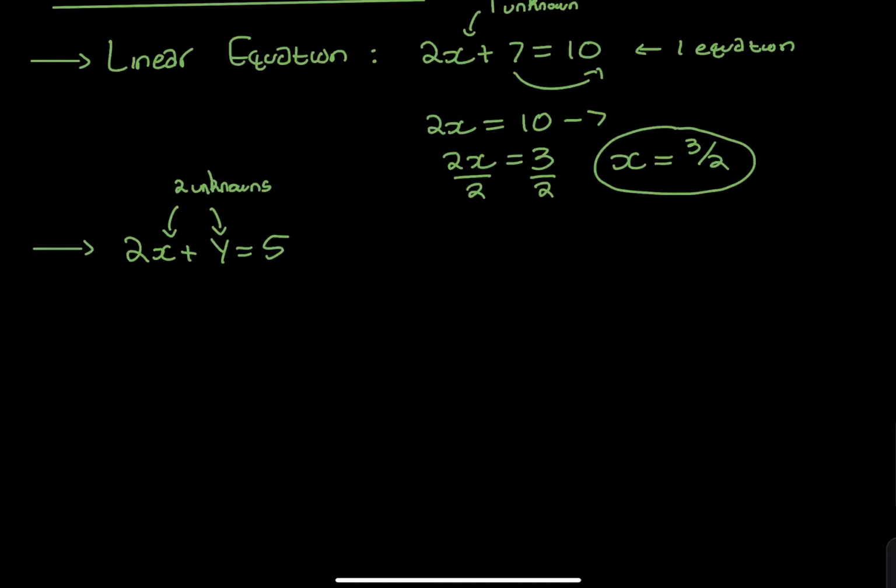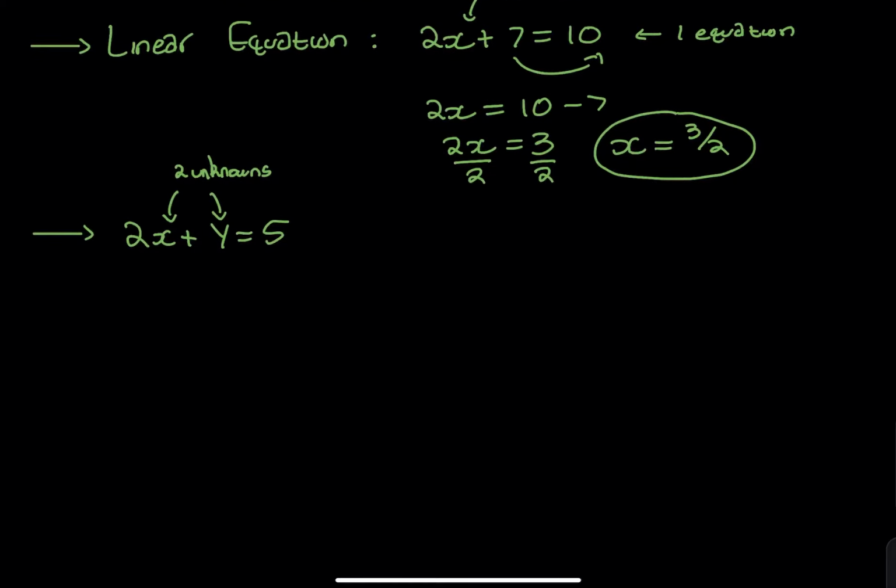And if you were to make y the subject of the formula, you'll be left with x on one side. So in this case, we can have a pair of solutions, where x is equal to something and y is equal to something.